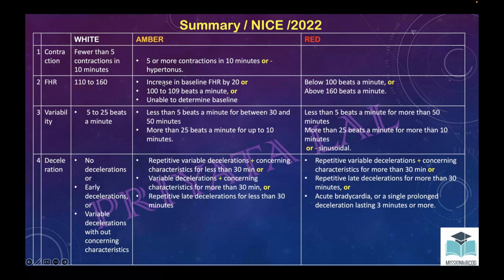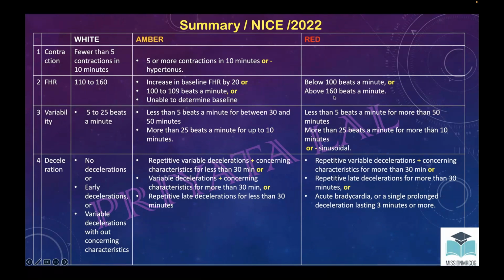An increase in fetal heart rate by 20 is an amber feature, but in the second stage it becomes red. Increase in fetal heart rate by 20, heart rate between 100 to 109, and being unable to determine fetal heart rate are amber features. Red is below 100 and less than 60.